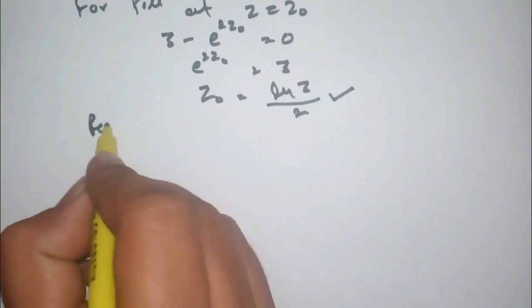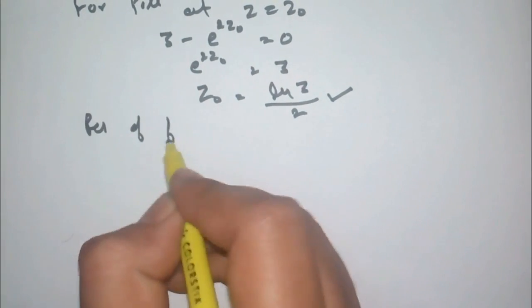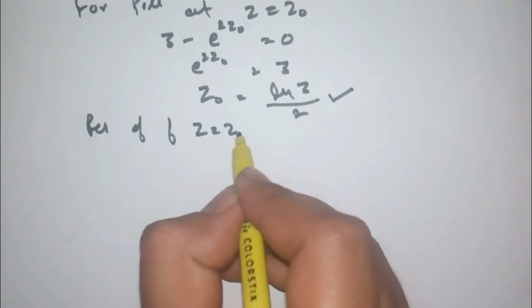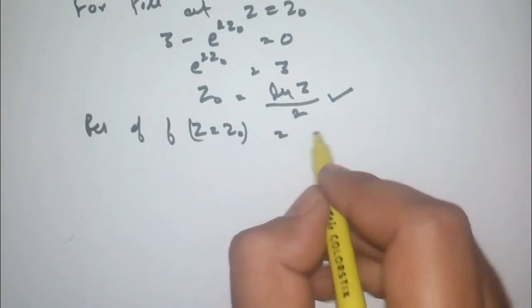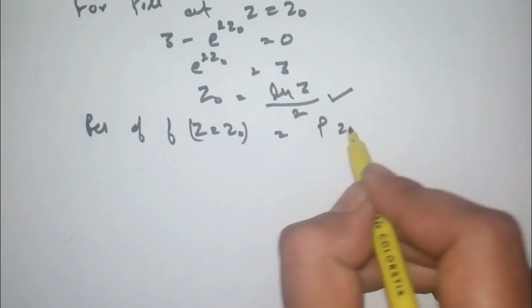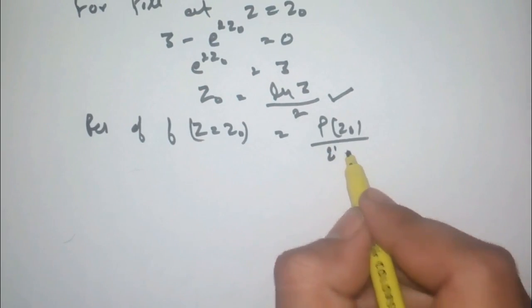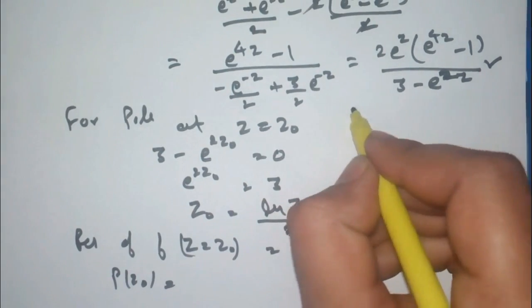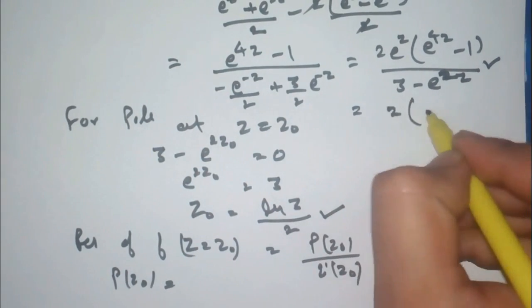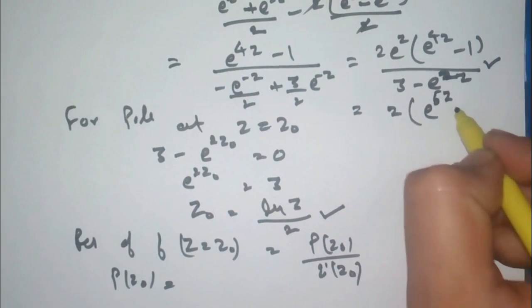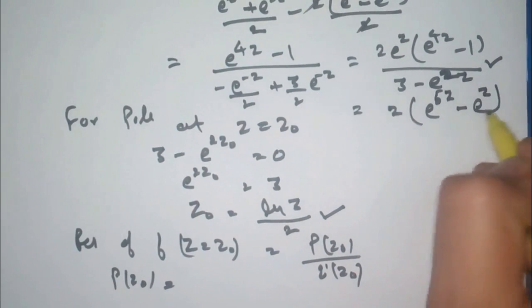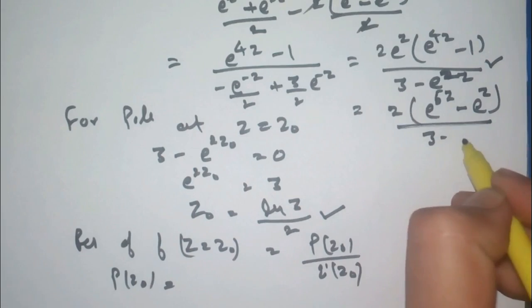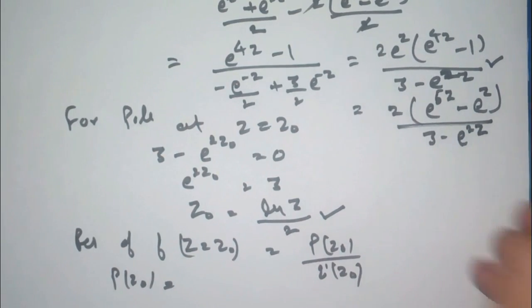Now the next step is to find the residue at z naught. Residue of f at z equal to z naught will equal p(z naught) upon q dash z naught. Now this function can further be written as 2 exponential 5z minus exponential z upon 3 minus exponential 2z.